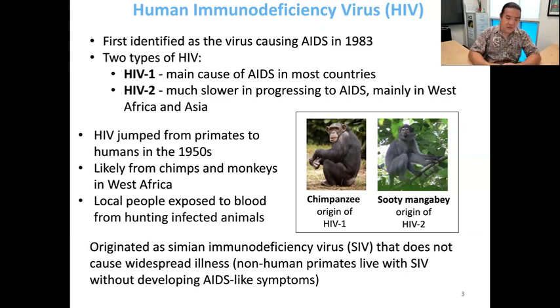So originally in primates like the chimpanzee, this would have been a simian immunodeficiency virus, simian meaning monkey, that actually does not cause widespread illness. In other words, monkeys who have SIV don't necessarily develop the equivalent of AIDS.